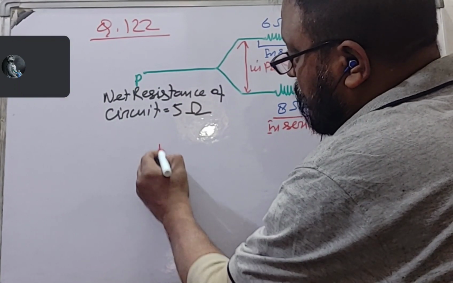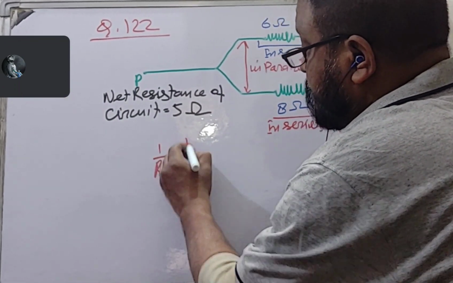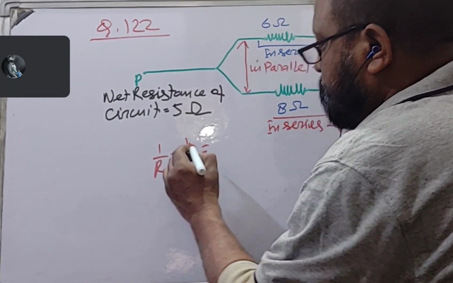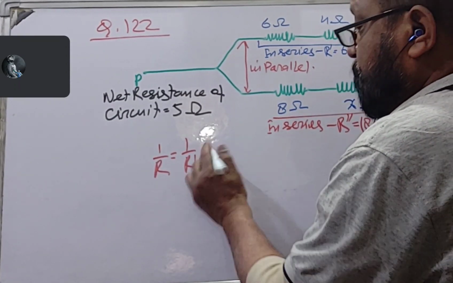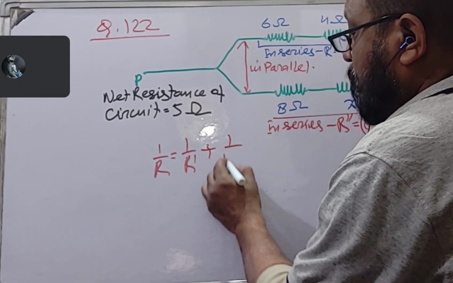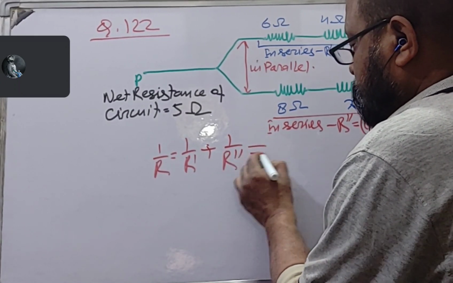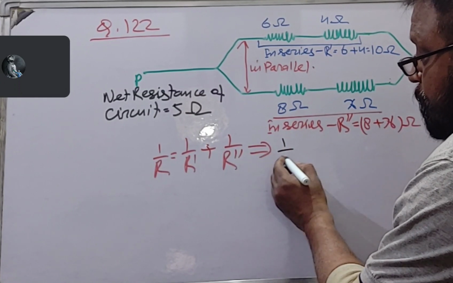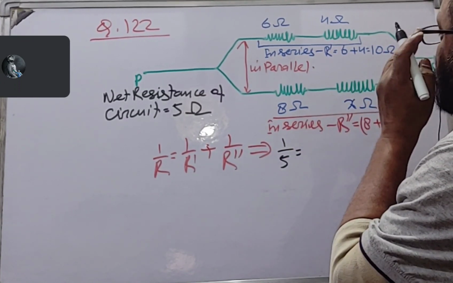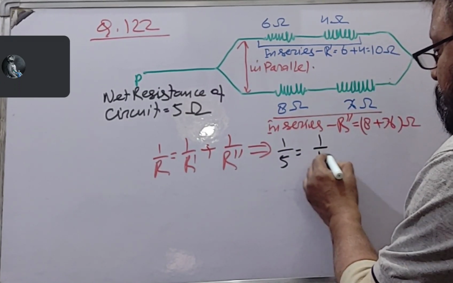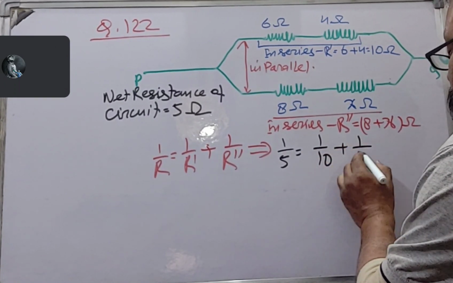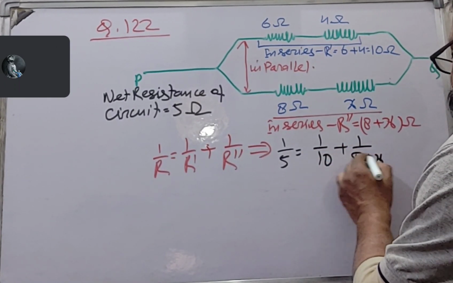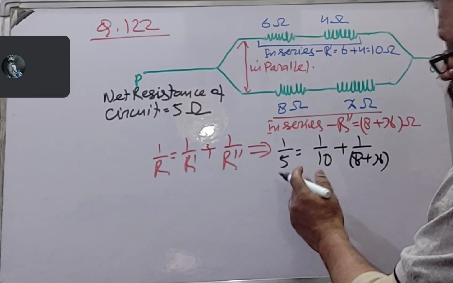So 1 upon R is equal to 1 upon R dash plus 1 upon R double dash. So we can write it, 1 upon 5 is equal to 1 upon 10 plus 1 upon 8 plus X. Fine. Bring this on the other side.